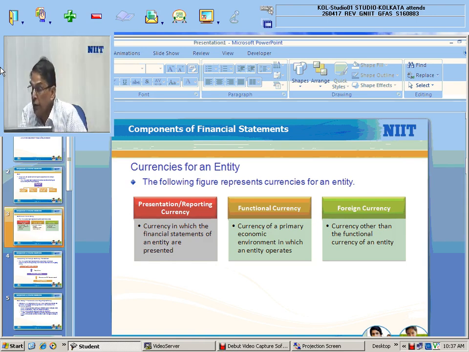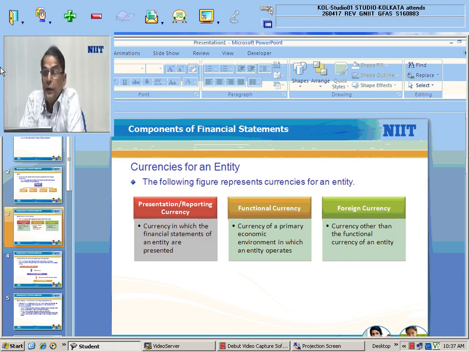But for a US subsidiary of an Indian company, the presentation currency may be the Indian rupee, but the functional currency will be the US dollar. And third is the foreign currency, which is a currency other than the functional currency of an entity. So we have three concepts of currencies: the reporting or presentation currency, the functional currency, and the foreign currency.